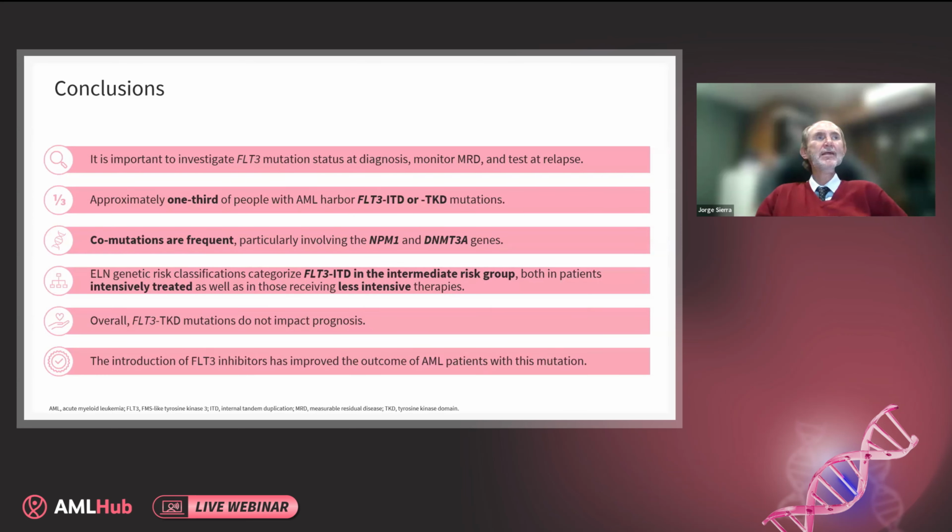ELN genetic risk classifications categorize FLT3-ITD in the intermediate risk group, both in patients intensively treated and in those with less intensive therapy. Overall, TKD mutations do not impact prognosis, and the introduction of FLT3 inhibitors has improved the outcome of AML patients with this mutation.